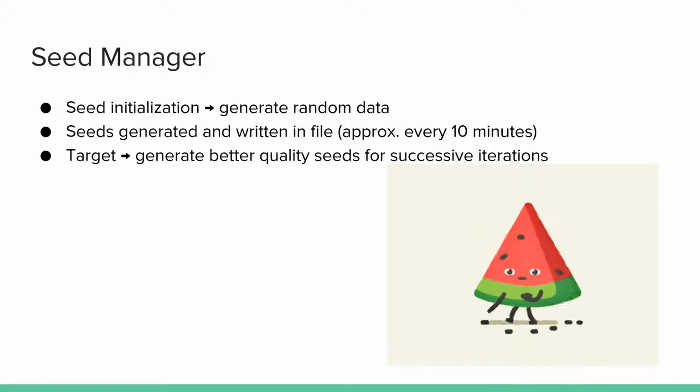The target is basically to generate better quality seeds, to ensure we have as random data as we can possibly achieve. Now that we have gone over the three individual stages of Fortuna, accumulator, generator, and seed file manager, we are going to put them all in one place and figure out the flow of the whole thing, which is going to be done by my friend Hima.